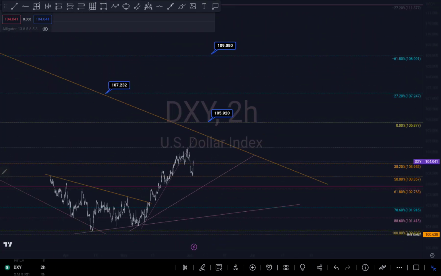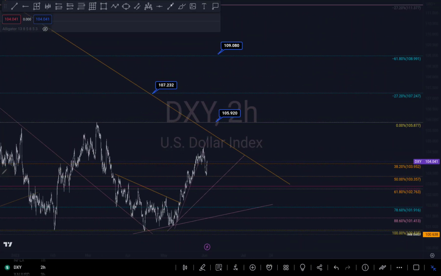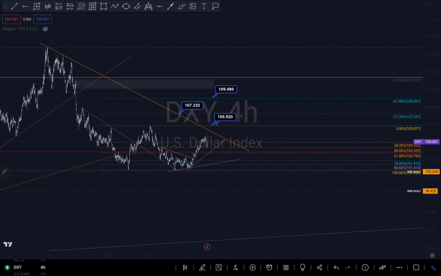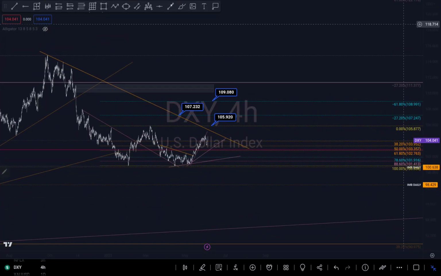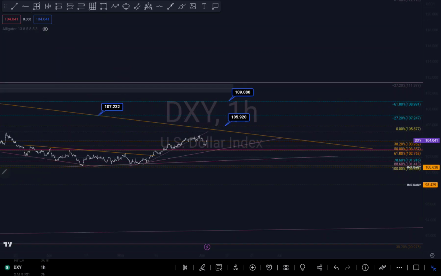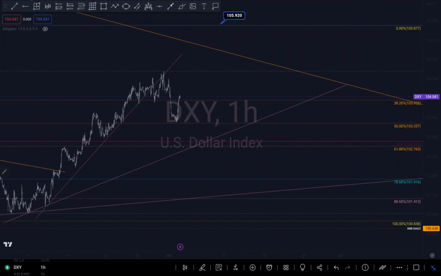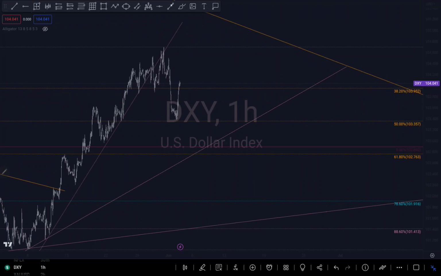If I zoom in a little bit just to show you where the trend line is coming from, you can see there's a touch here, there's a touch here, so it's possible we might come to this trend line and touch it as well. But before we get there, I think we might push to the downside a little bit to touch that trend line before we now continue to move to the downside.